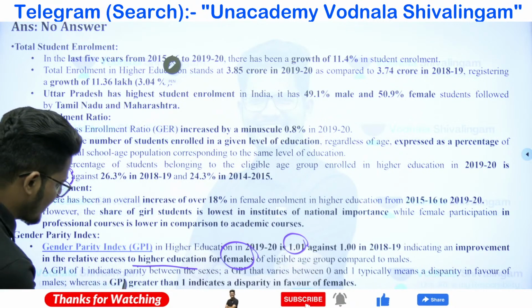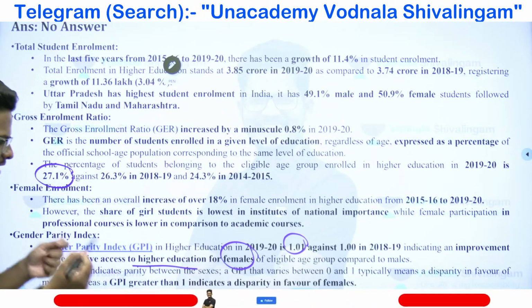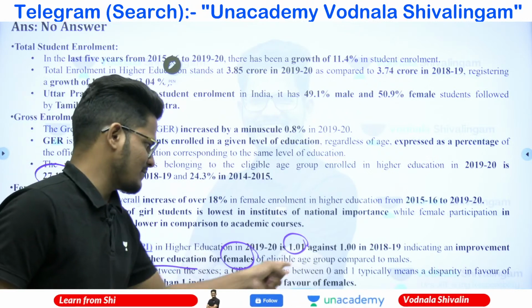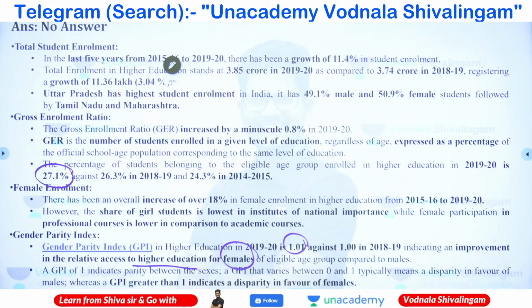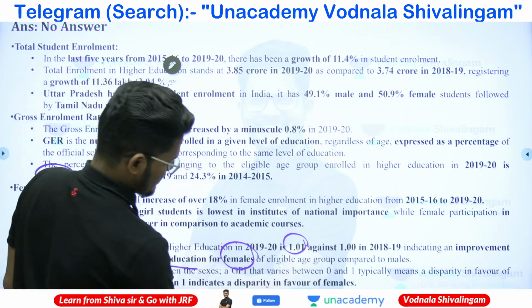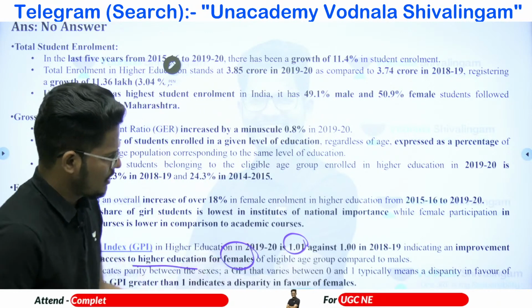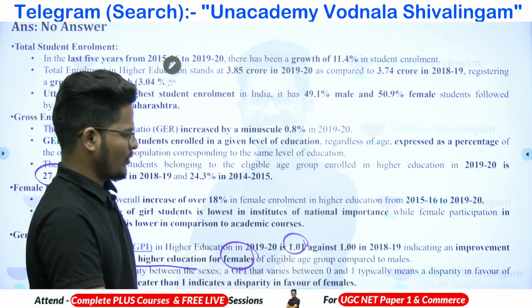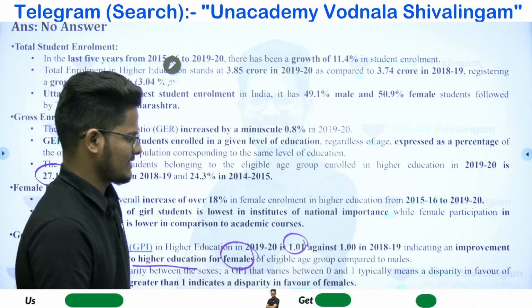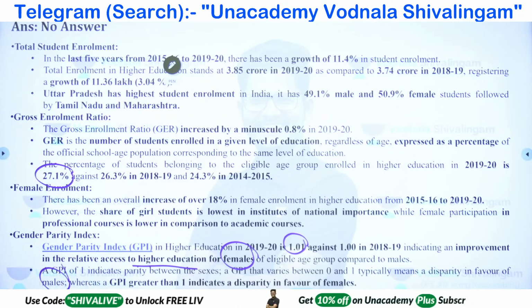A GPI of 1 indicates parity between male and female, and a GPI between 0 and 1 typically means disparity in favor of the males, and more than 1 indicates disparity in favor of the females. Means now if there is one boy, 1.01 girls are studying in higher education.